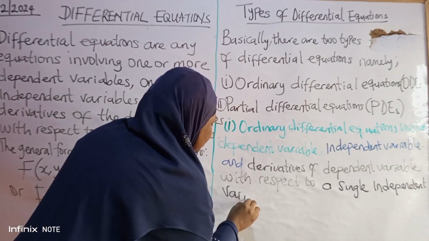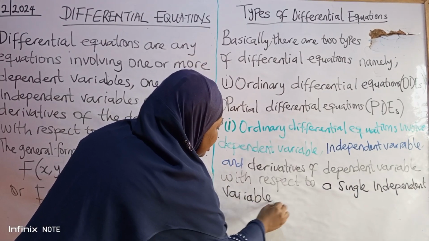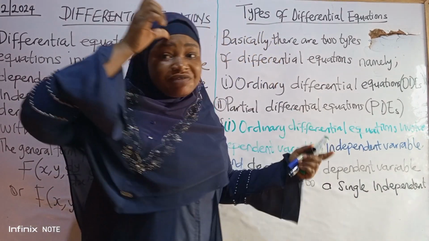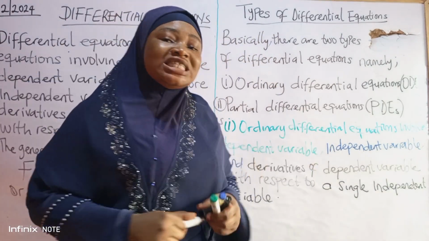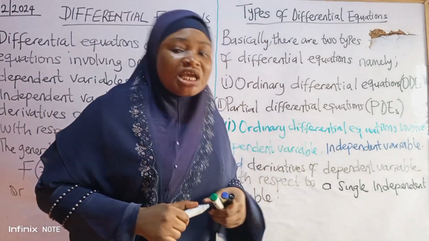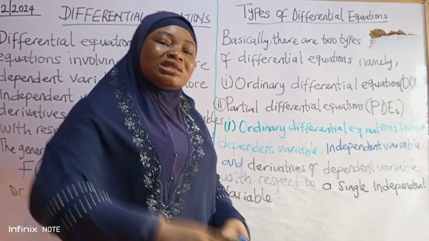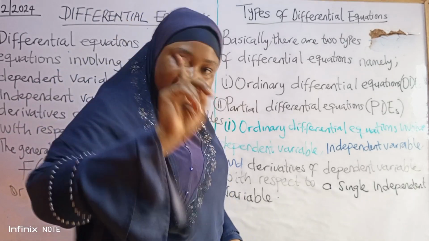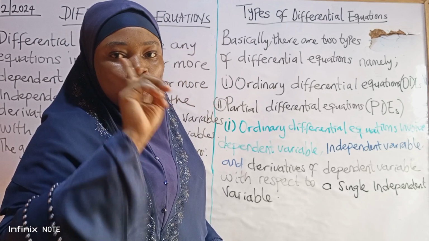So that means in an ordinary differential equation, the derivative can be more than one, and the dependent variable can be more than one. But the independent variable must be one, just one.